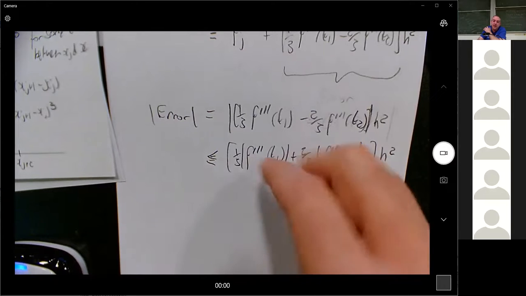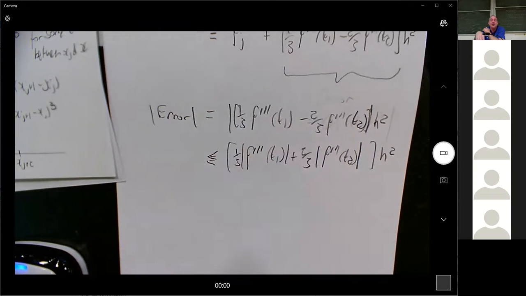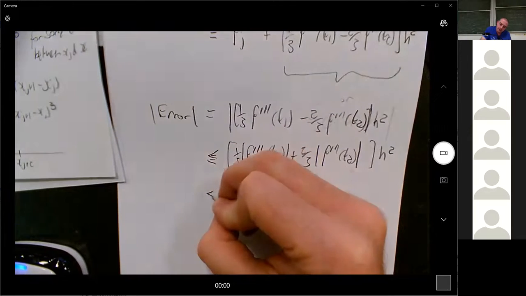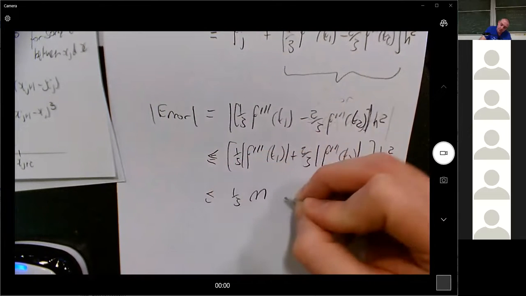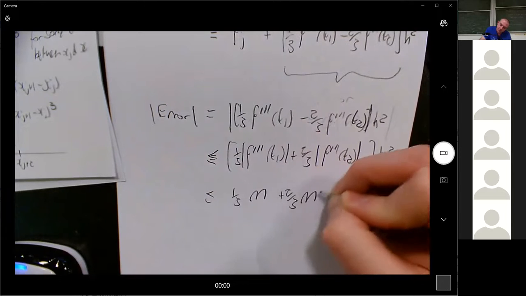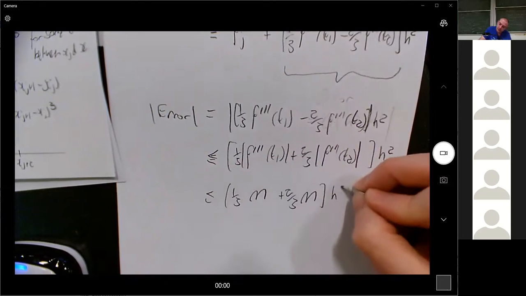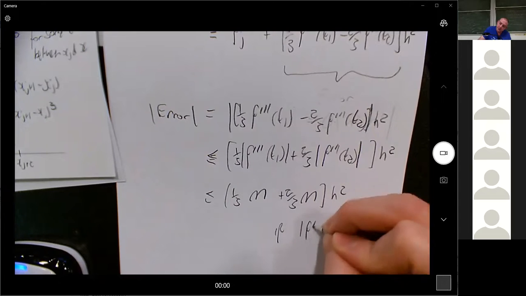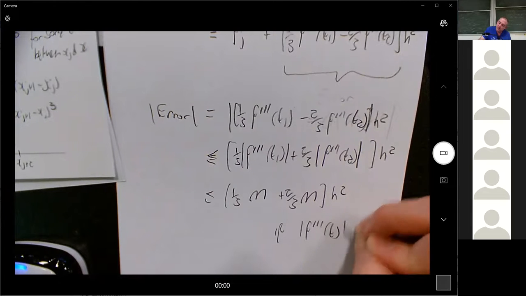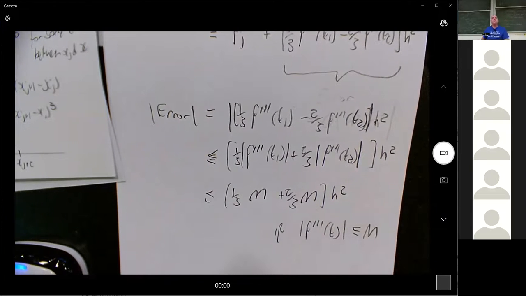And if f triple dash of t is always less than or equal to some m, then you can do that.